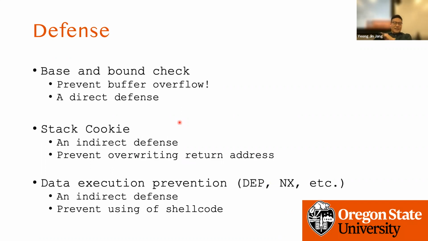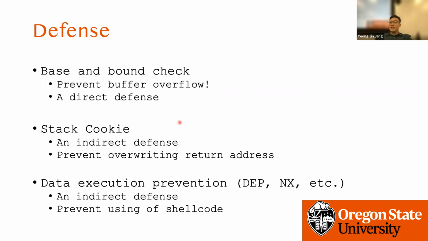Let's get into more details. For the fundamental defense, we will learn the so-called base and bound check. It is very simple and naive. Whenever we allocate a buffer, the compiler already knows the buffer size. That's why it can compile it as EBP minus 0x88, which is where the buffer needs to be. And they know the buffer size must be 0x80, 128 bytes.